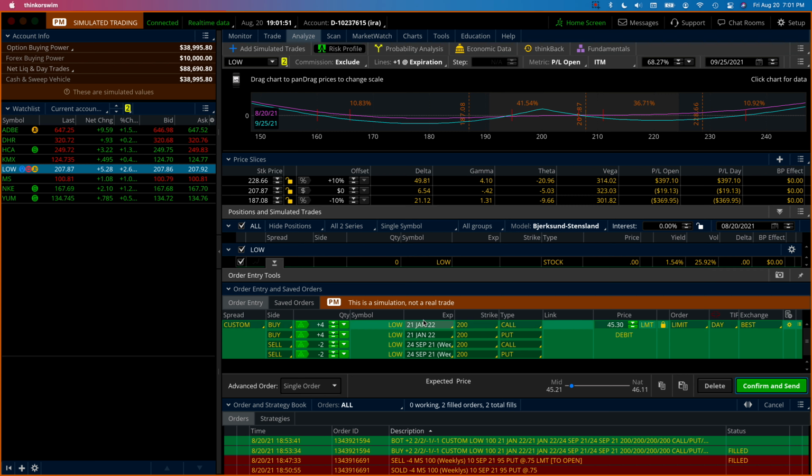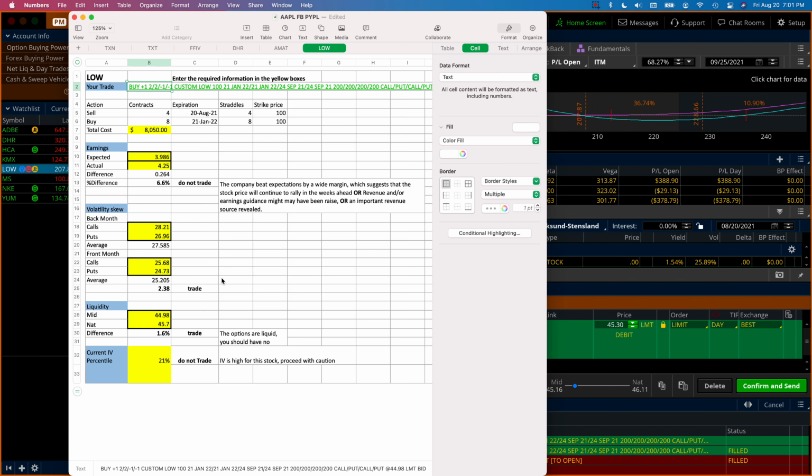So you take those two numbers, enter them here. Mid 44.98, it's gone a little bit higher now, and natural 45.7. Difference 1.6. If this is 5%, I believe, or 3% as well, then I wouldn't trade it, or it would be a strike against it.